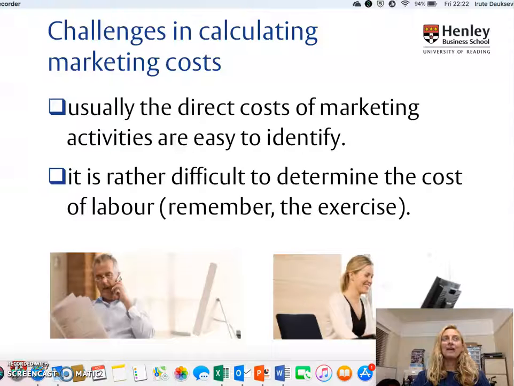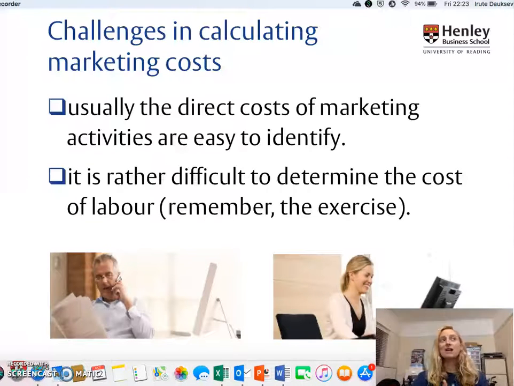So on one hand, when we look into marketing's contribution, we can say that it's enough to calculate direct costs. However, when companies think in general about the value that marketeers produce, you should really look into the bigger picture and try to understand how much would that involve if we would look into the labor costs as well?